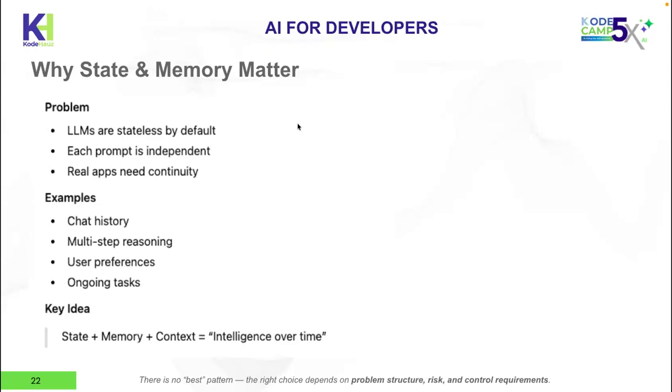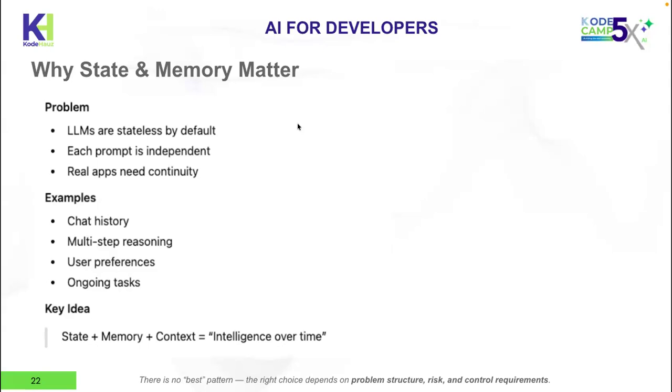So the chat history that we have when we are chatting with LLMs, the multi-step reasoning that we just looked at, react and plan and execute, and all of the others, right? They all need history, right? Even the user preferences, like things you have configured before.